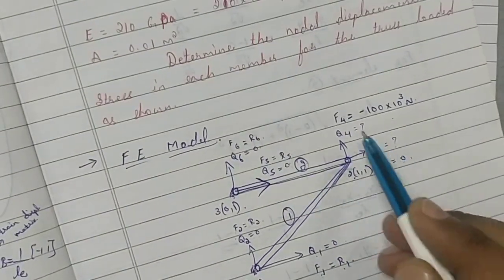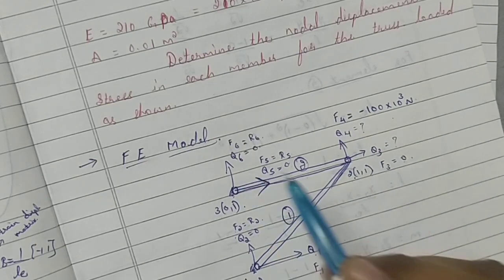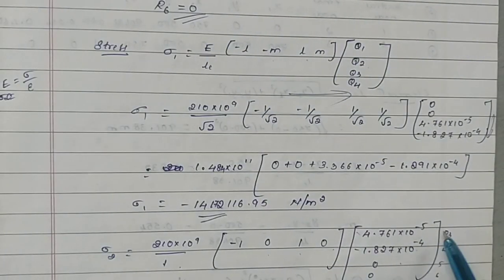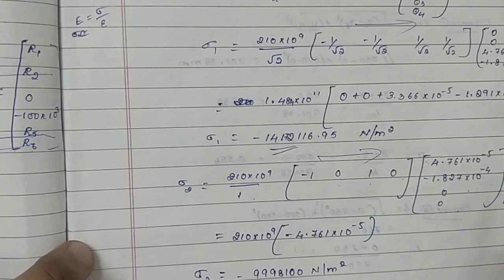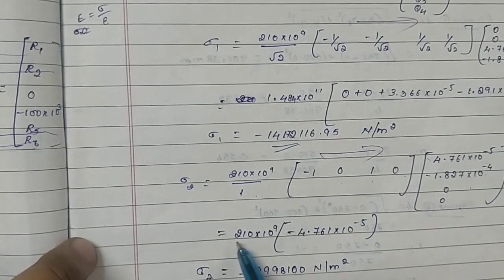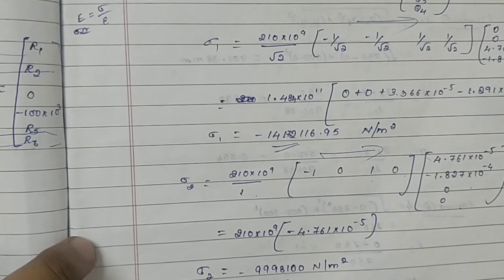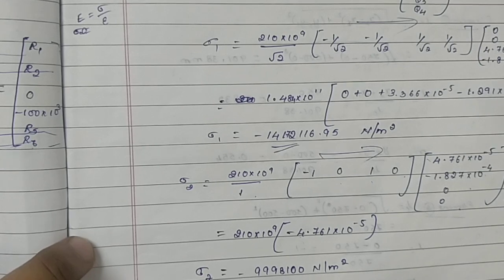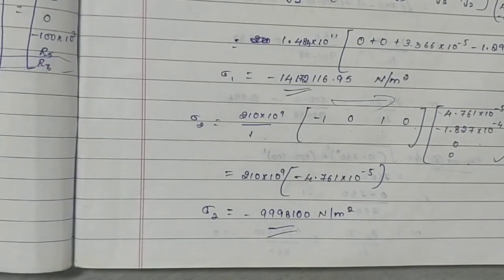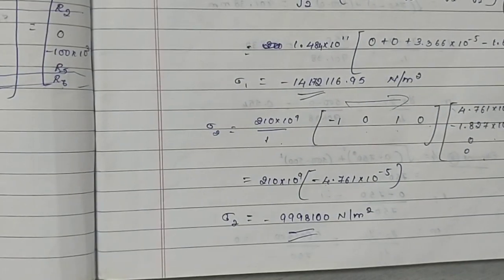Second element is between Q3, Q4, Q5 and Q6. Just multiply this and this, and this and this, simplify. You will get sigma 2 is equal to 999,8100 Newton per meter square. Here we have substituted everything in meters, so we have got it in meter square.